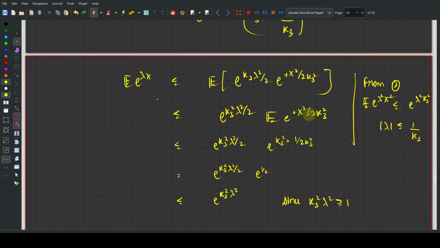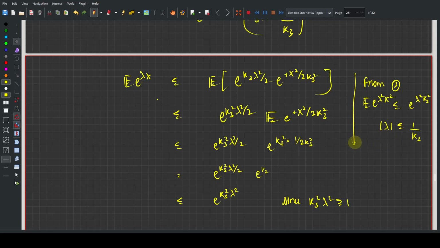And in this case, I have lambda to be 1 over square root 2 times k3. So I can just plug this in here, and I get this to be less than or equal to e to the k3 square times 1 by 2k3 square.